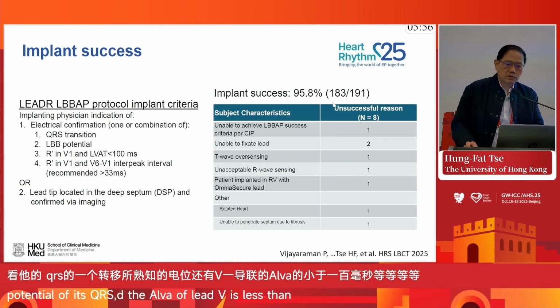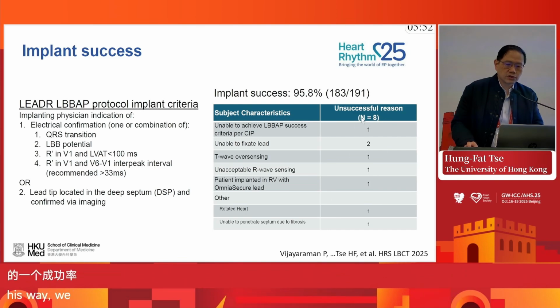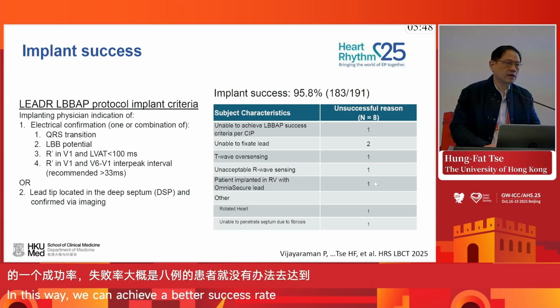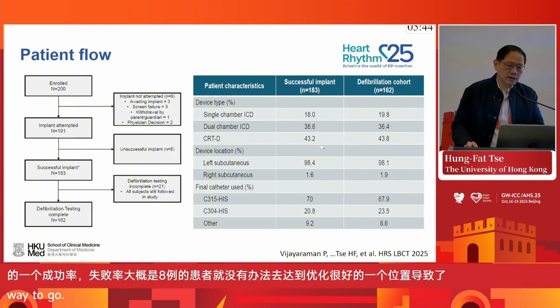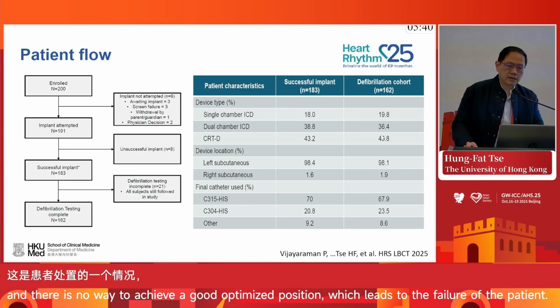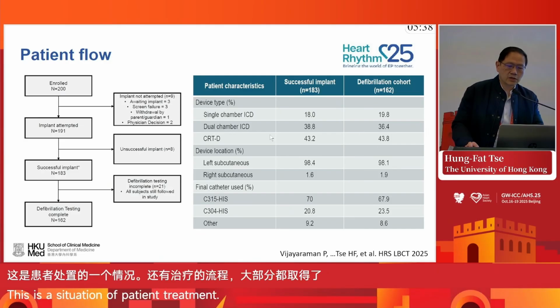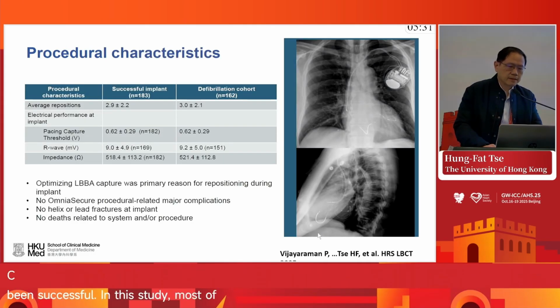The failure to implant is about 8 patients, mainly because they were not able to achieve the position, not able to fix the lead, or had an unacceptably low R wave. In this trial, most of them, a larger number, were CRT-D, and different kinds of existing sheaths have been used in the study.